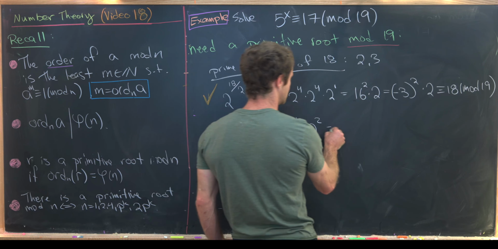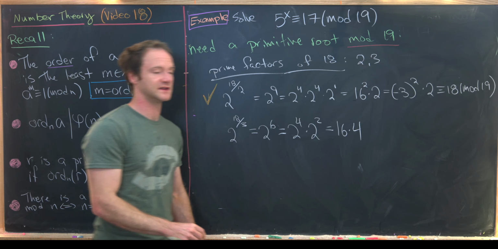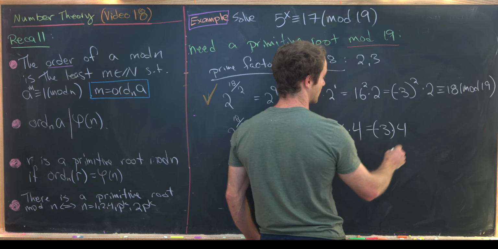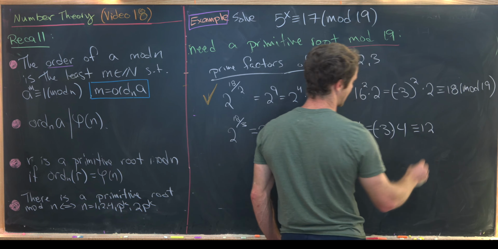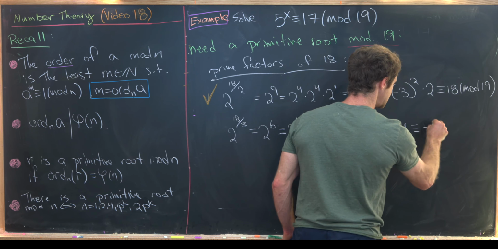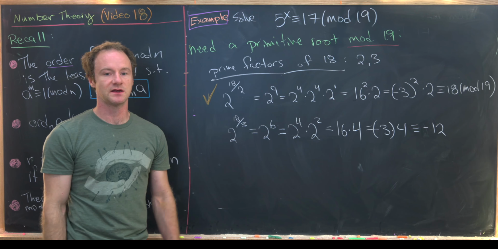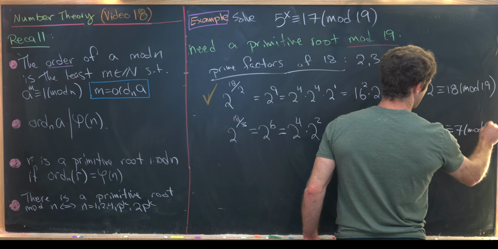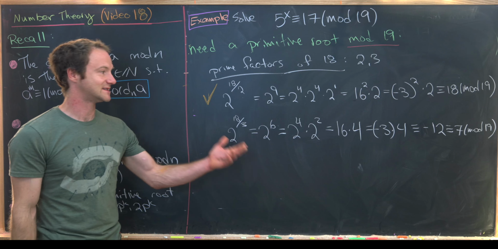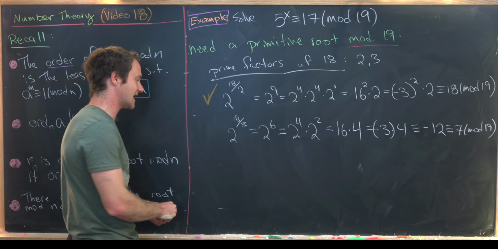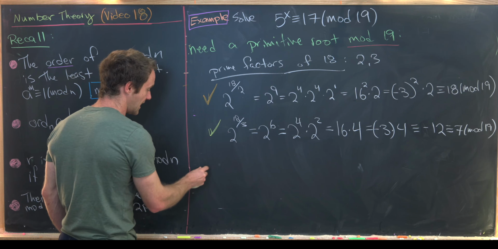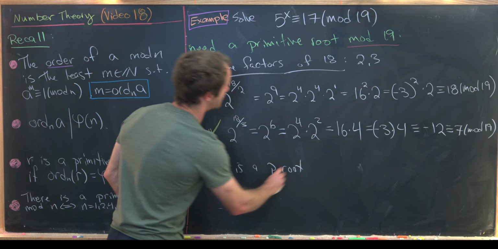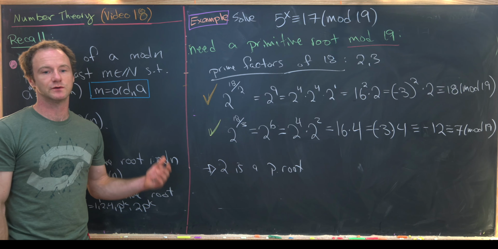Again, that's equal to 16 times 4 in this case. 16 is negative 3, so this is negative 3 times 4, which is congruent to negative 12 mod 19, and negative 12 mod 19 is in fact equal to 7 mod 19. Well, that's not 1 mod 19, which means our test works for this as well, and thus 2 is a primitive root modulo 19, which means we're off to a good start.